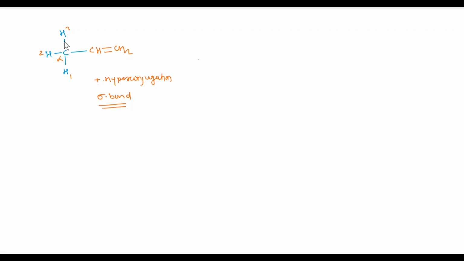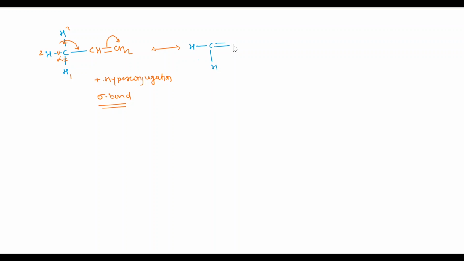Every carbon-hydrogen bond has 2 electrons. These 2 electrons resonate over this carbon-carbon bond, and this bond opens at the alkene terminal, and a new structure is formed with charge separation like this.